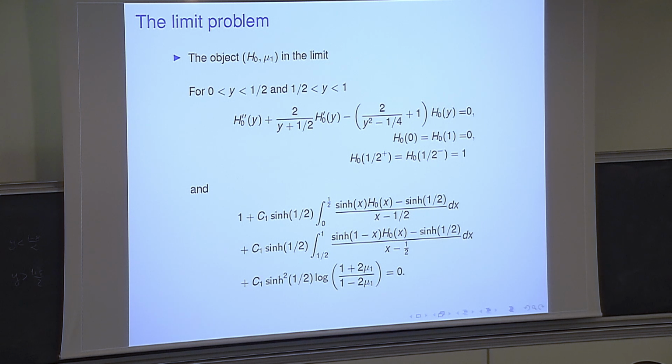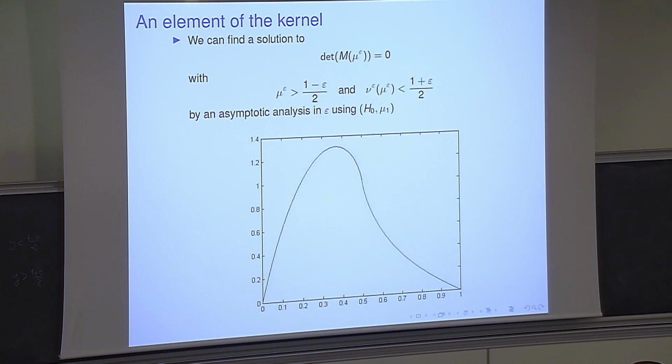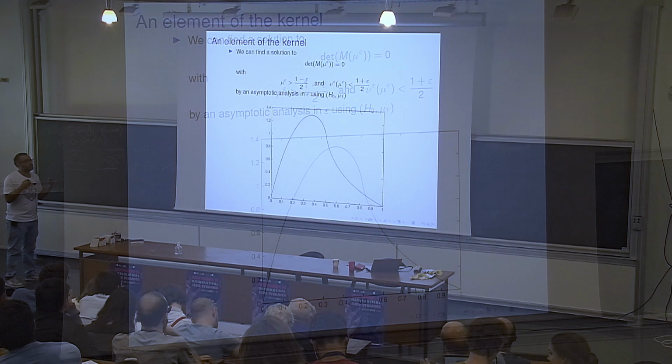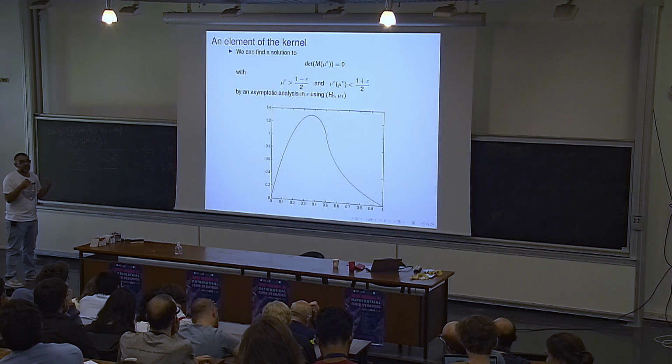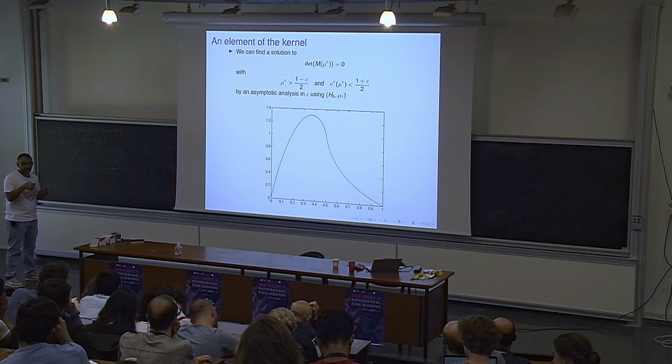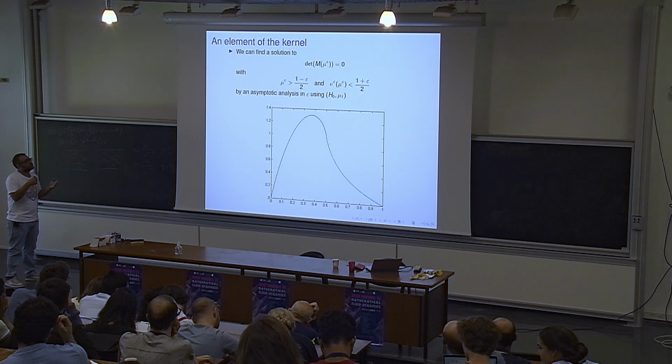And now the question is, can I use this solution to find that there really exists a solution of our real problem with epsilon bigger than 0? And the answer is yes. If you do an asymptotic analysis with respect to this value mu1 and this function h0, you can find that for every epsilon bigger than 0, you find a value mu that depends on epsilon and such that the determinant of the matrix M(mu) is equal to 0.